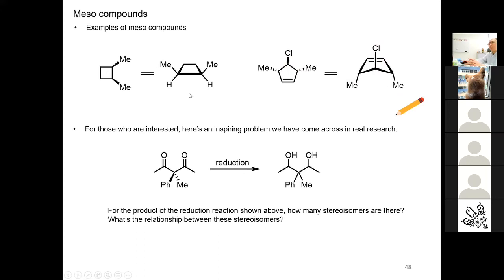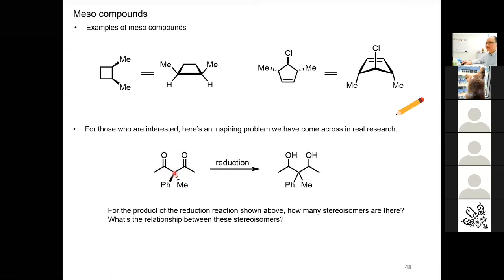For those who are really interested in this topic, several weeks ago in our research, we actually encountered this problem. One of my postgraduate students wants to do this reaction. She wants to reduce both of the ketones in this molecule. If you look at the starting material, is it chiral?